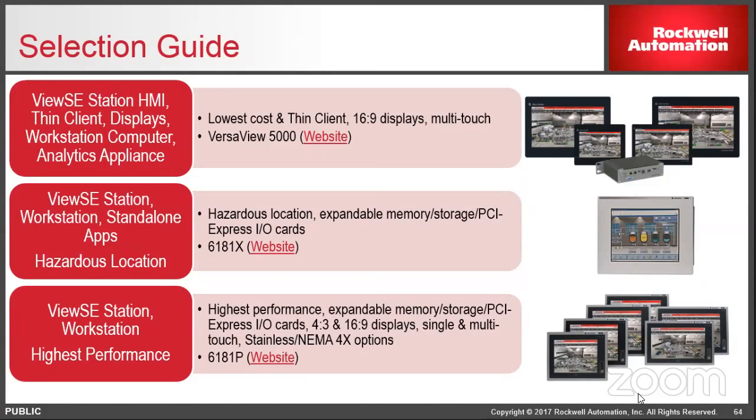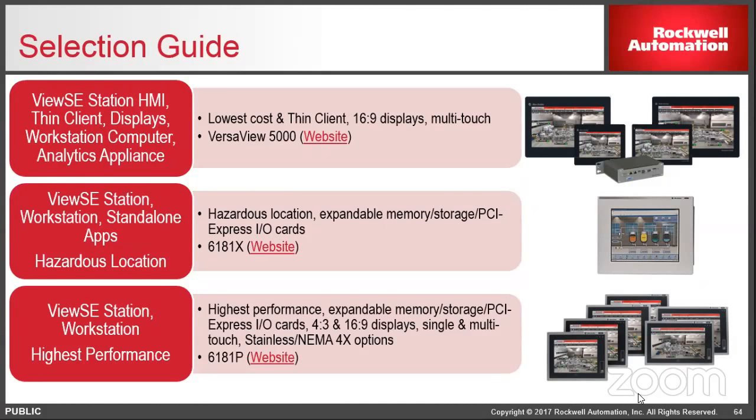We have our hazardous location systems. Those are the ones for the extreme temperatures, -20 to 70 C. UL Class 1 Div 2, ATEX, IECEx, the Swiss Army knife for PC-based hazardous location applications.